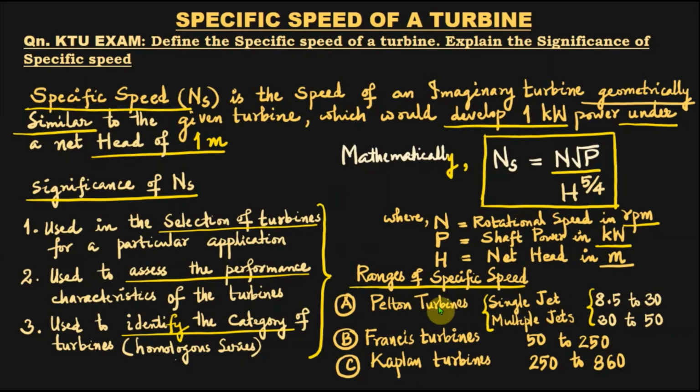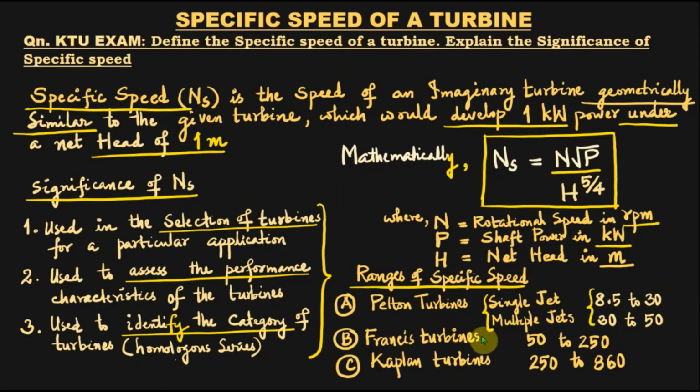So if you have a Pelton turbine with single jet, then its specific speed will be between 8.5 to 30. And if you have a Pelton turbine with multiple jets, that's more than one jet, say up to 6 jets, you can have the specific speed ranging from 30 to 50.